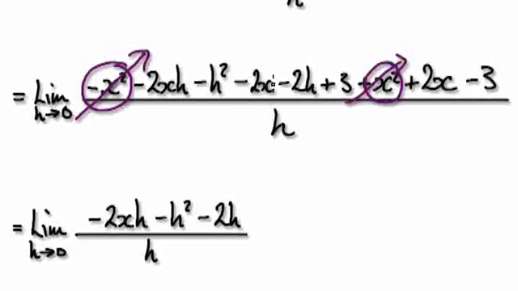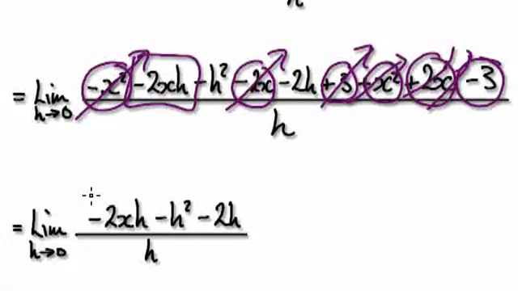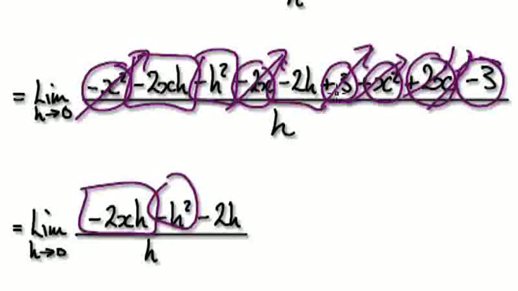This thing here will kill off with this thing here, and then you've got a 3 that will kill off with this -3 here. That leaves you with this, which is this here, this here, and the last bit here, take it down.